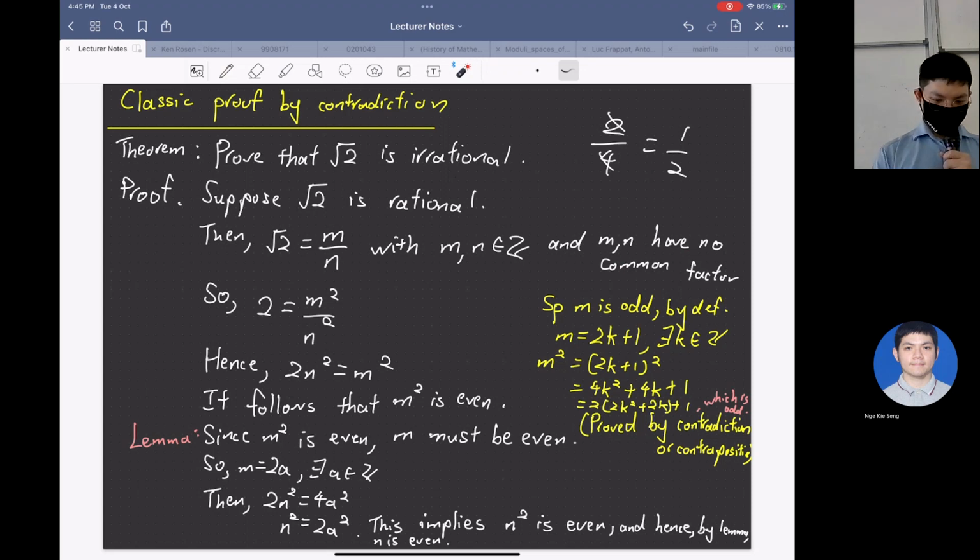So it contradicts that m and n have no common factor.